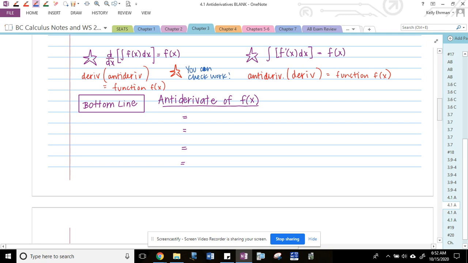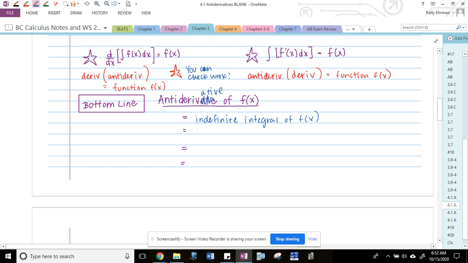So kind of summarizing everything we have. If I say that I have an, whoa, this is spelled wrong, antiderivative of f of x, that is the same as saying I have the indefinite integral of f of x.